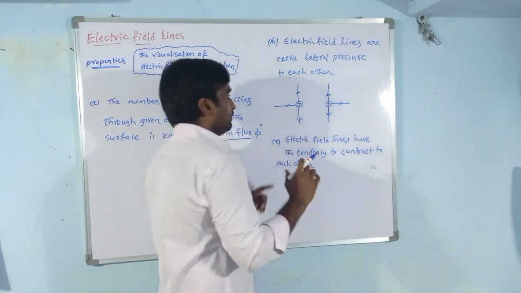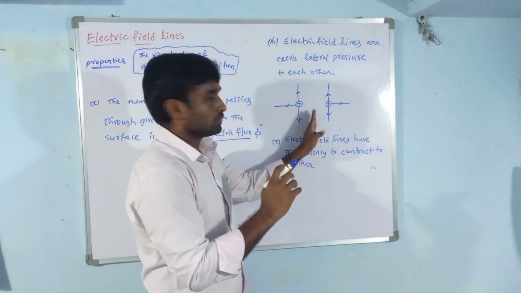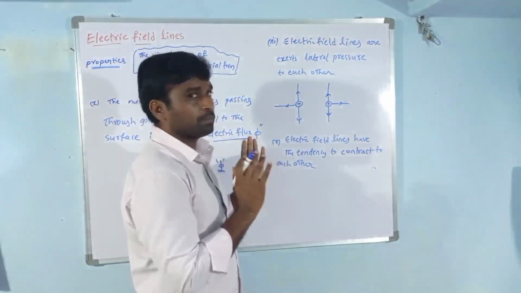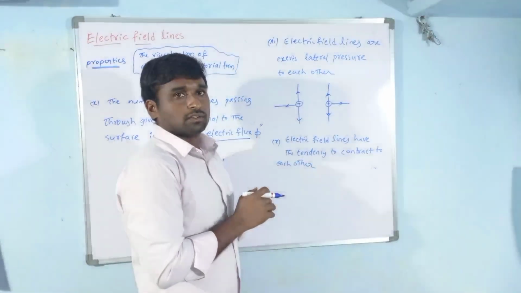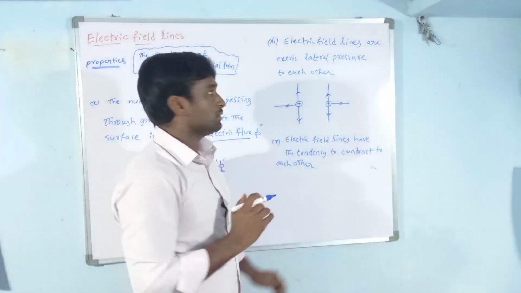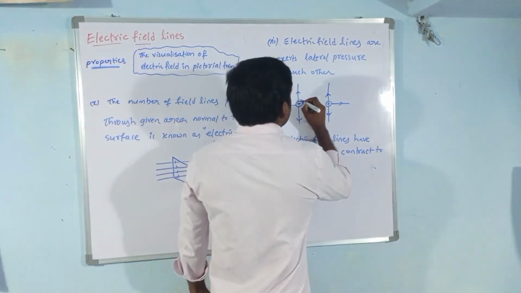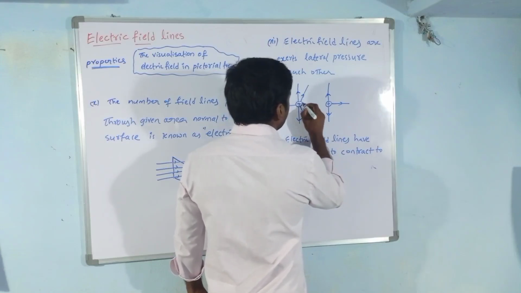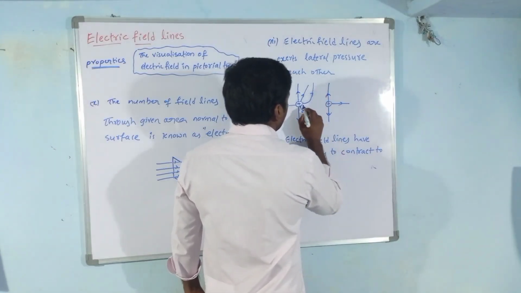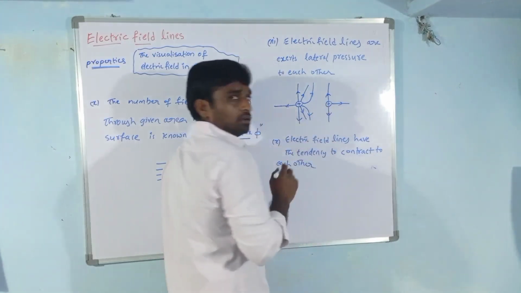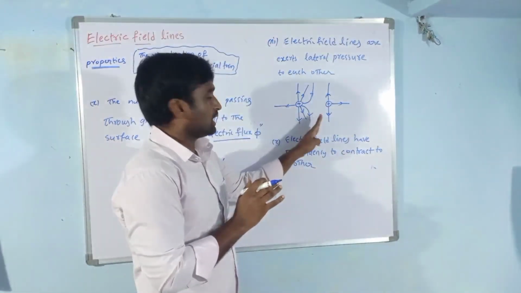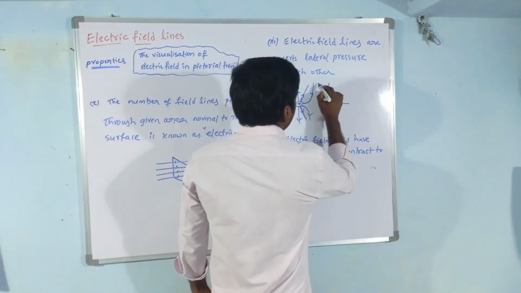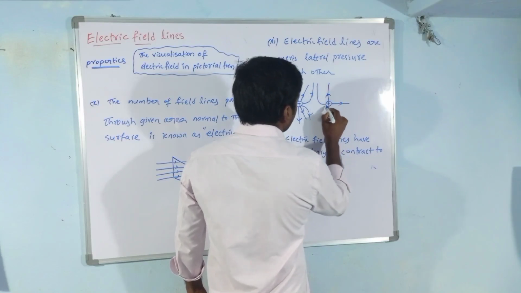See here, when we take these two positive charges closely, what will happen? There will be pressure exerted on each other. That means like charges always repel each other. Electric field lines exert pressure, so these charges exert pressure on each other. That's why the electric field lines become this shape.